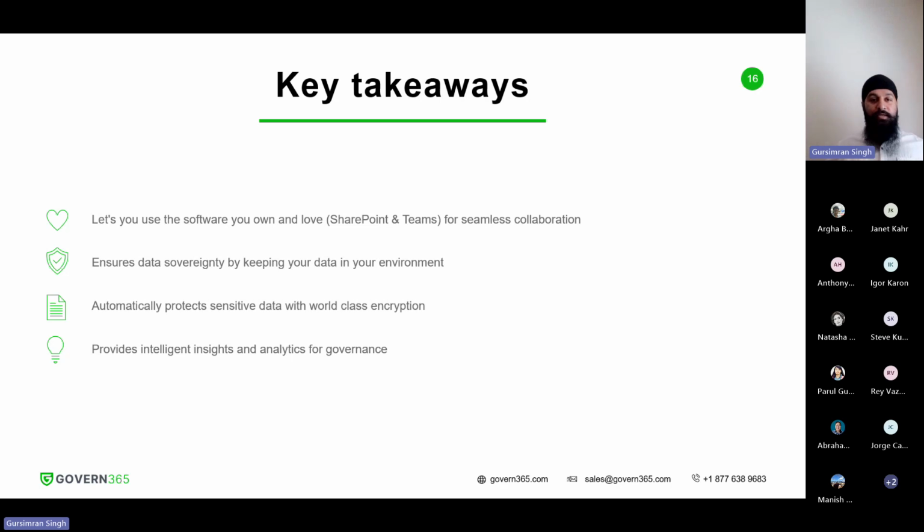And that's one of the key takeaways that I want to have along with these other four, which is that you get to use a software that you already own and love, which is SharePoint and Teams, and you have seamless collaboration because of it. Your data sovereignty is ensured because your information stays within your tenant, and it does not have to go out to a third party's database or anything that would potentially be a source of leakage.